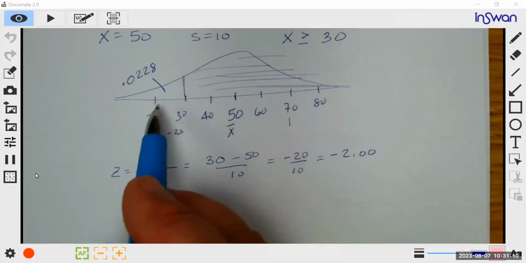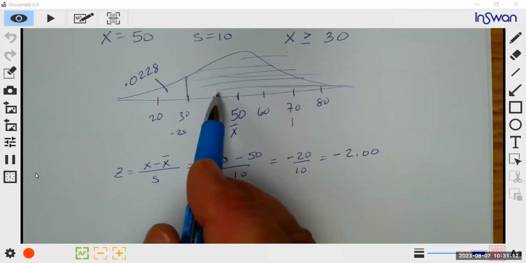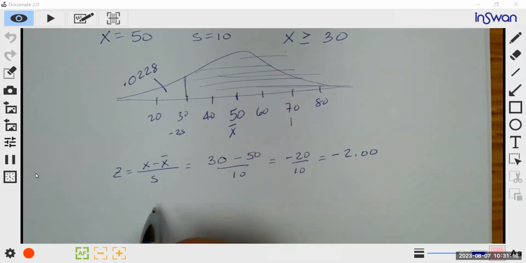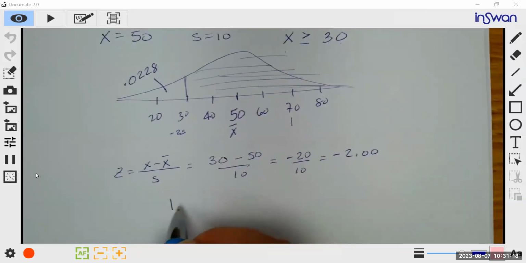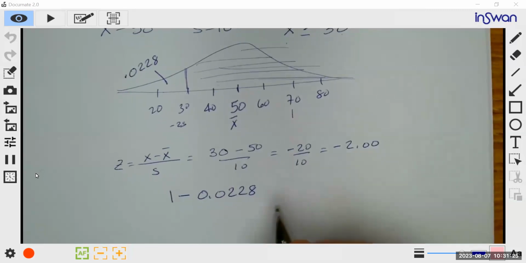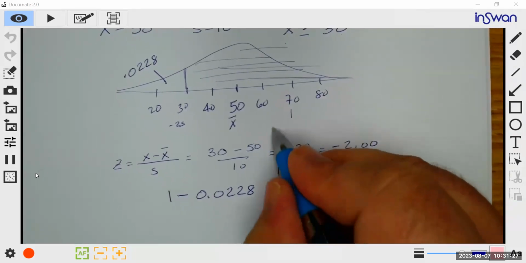So this is what we don't want. This is what we want. How do we figure out this area? So the whole thing equals 1 minus 0.0228, and that'll give us this probability.